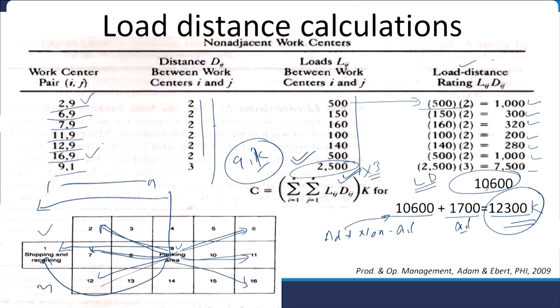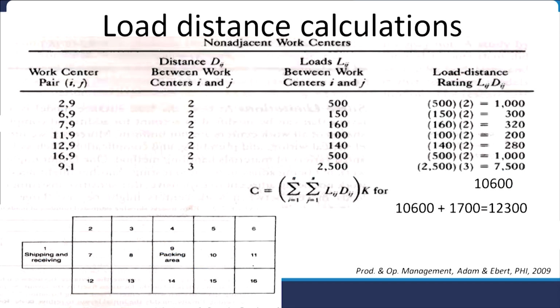So, in the revised layout, the movement between 9 and 1 is the highest, with a value of 2500 units into 3, causing a load into distance of 7500.